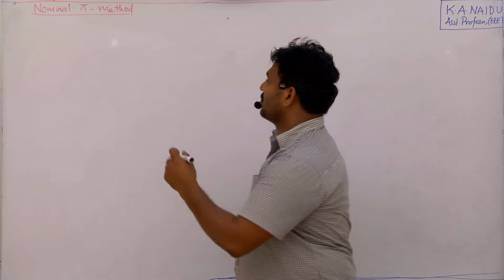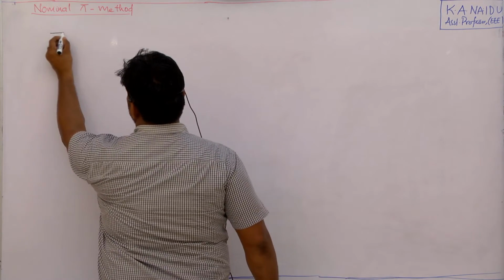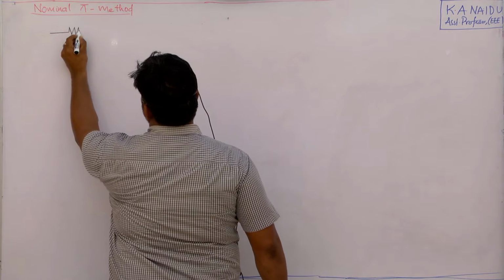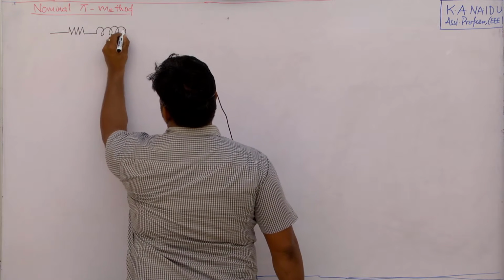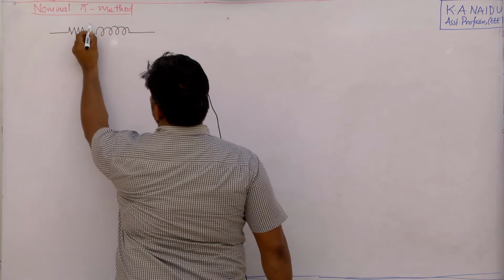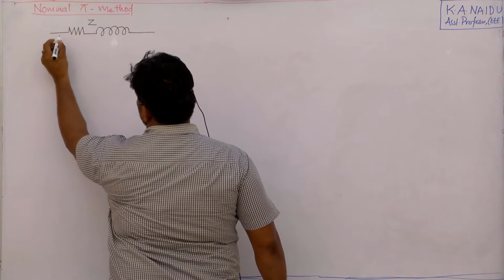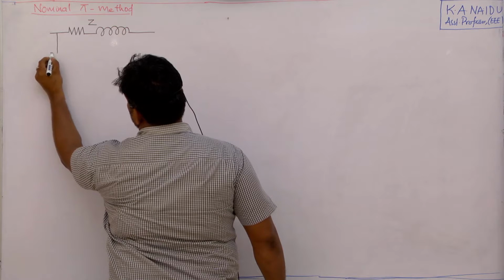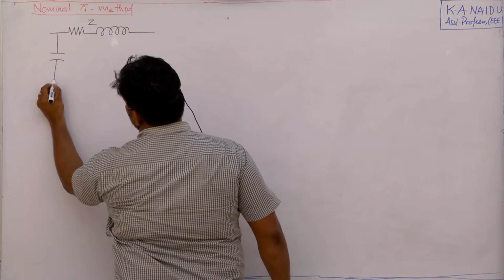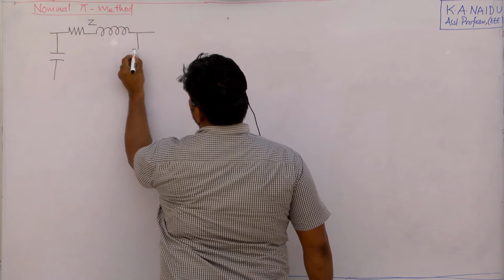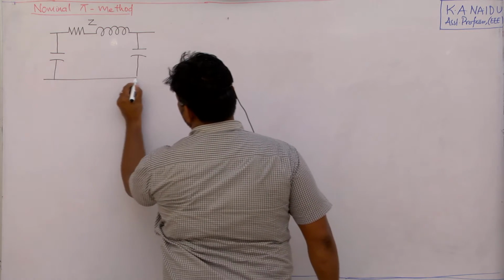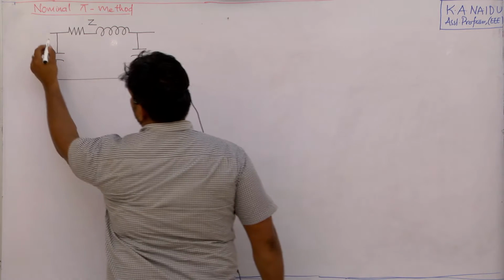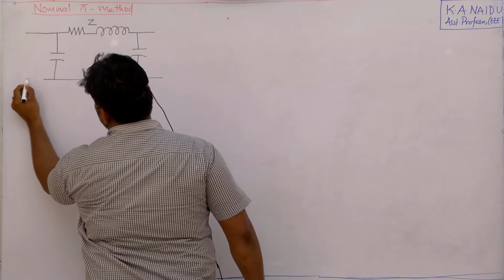Okay. So in a nominal pi circuit, you have the total series impedance that is lumped at the center, whereas the shunt admittance is divided into two halves for the receiving end and the sending end.